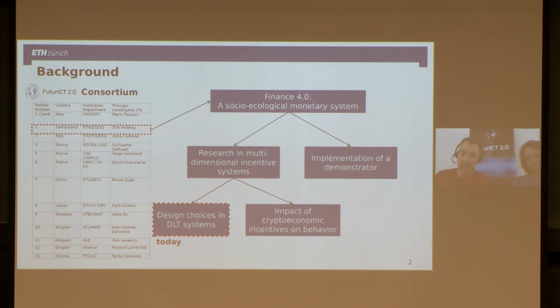And 2 years ago, there was not much around in analyzing and synthesizing how DLT systems actually work. So as a side project out of the main Finance 4 project came the idea of working on a taxonomy. And that's exactly what we want to present today, as you can see on the chart in the left bottom corner. But if you're interested in the Finance 4 project as well, I will show a few slides and links at the end of the presentation.